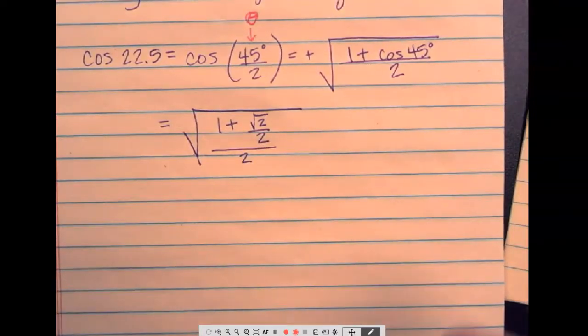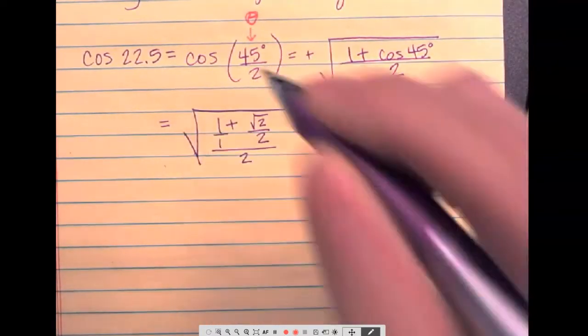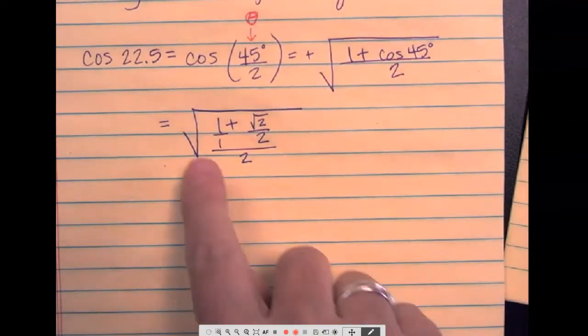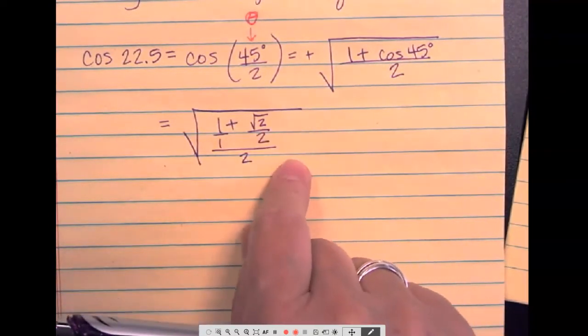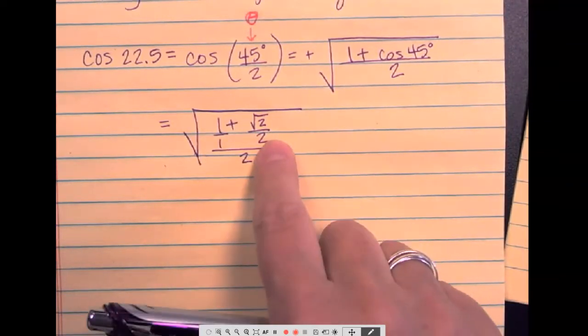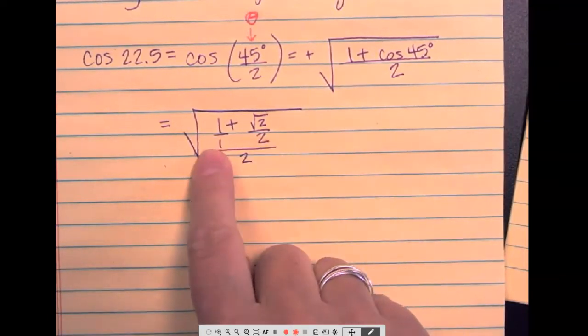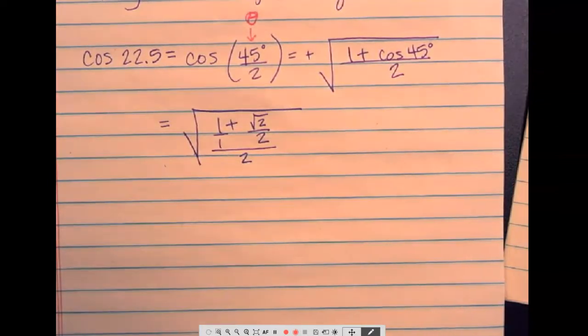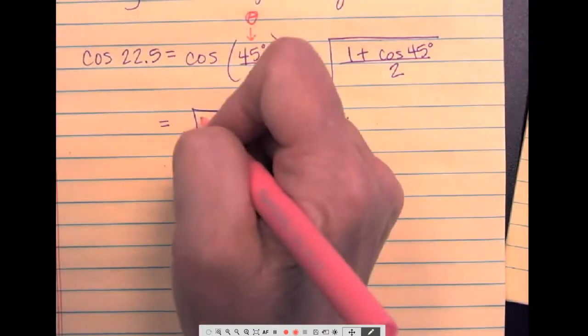Common denominators. Okay, this is technically 1 over 1. And I want to add it to something over 2. So what does the denominator need to be? 2. This one's good. Leave it alone. But this one I need to multiply by 2 over 2.